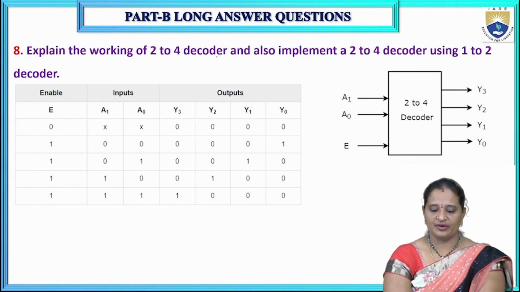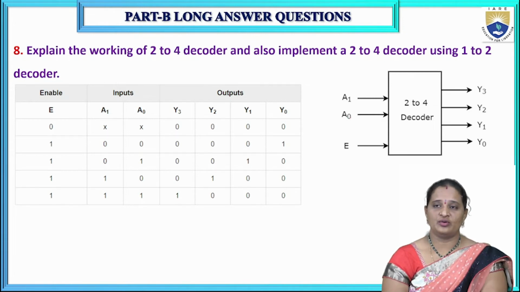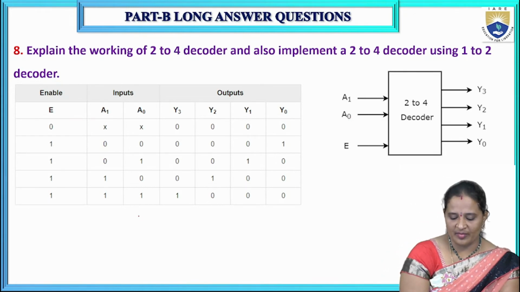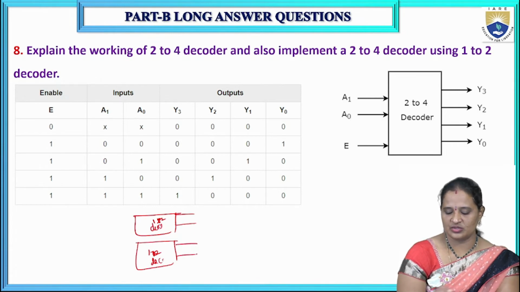Explain the working of 2 by 4 decoder. Also implement a 2 to 4 decoder using 1 to 2 decoder. So this is a 2 to 4 decoder block diagram and its truth table. Now we want to implement a 2 to 4 decoder using 1 to 2 decoders. This is a 1 to 2 decoder, and this is also a 1 to 2 decoder. A 1 to 2 decoder has two outputs.